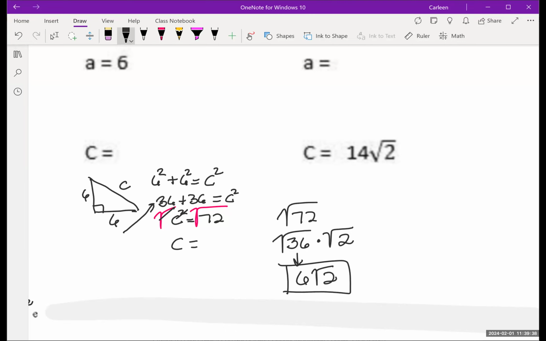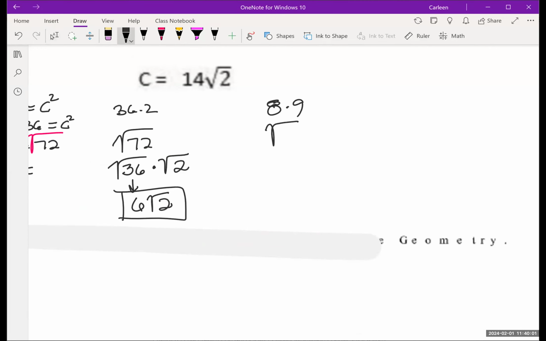Okay, one thing I love about doing this on Zoom, some of you are more bold to ask me questions than you would be if you were in person. So this was using 36 times 2. I just got a question. What if I used 8 times 9? Okay, let's see if we still get the same answer.